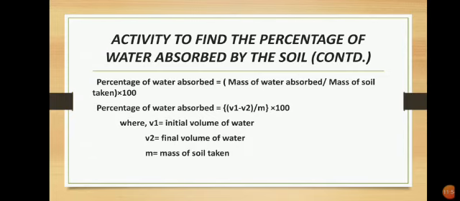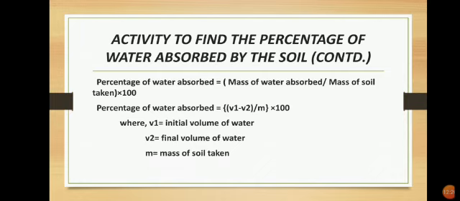So for the percentage of water absorbed, how will you calculate the mass of water absorbed? V1 minus V2, that is the initial volume of water minus the volume of water which was left in the measuring cylinder. So V1 minus V2, divided by the mass of soil taken, that is M. As I said, how much soil was taken, you consider it as M. So (V1 minus V2) divided by M, into 100.